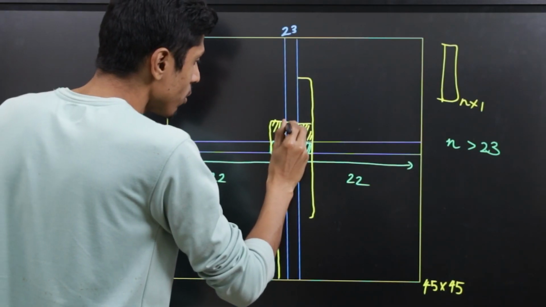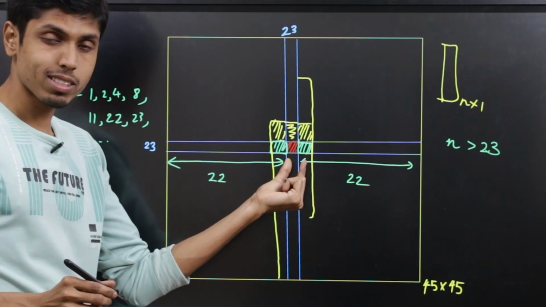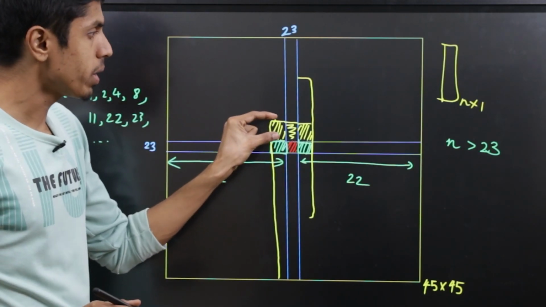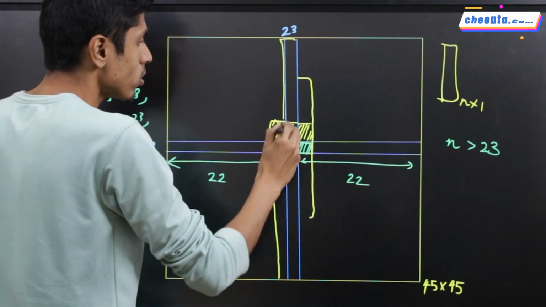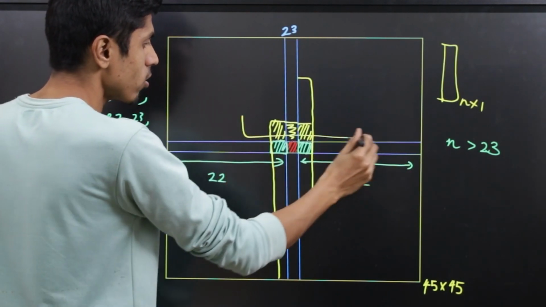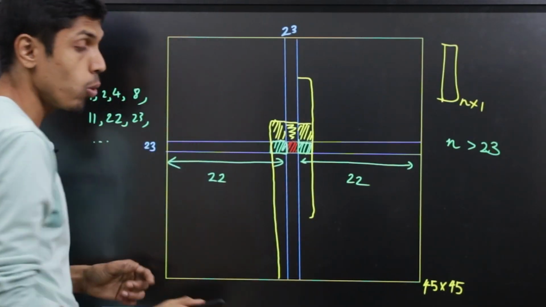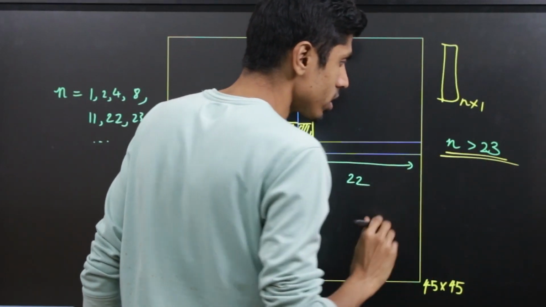Hence, if you think about the paving of the cell immediately above the missing central square, you will not be able to pave it with any n cross 1 or 1 cross n tile, because n cross 1 does not fit here as n is greater than 23, and 1 cross n clearly cannot pave because that will lead to some overlaps. So any n greater than 23 cannot work.